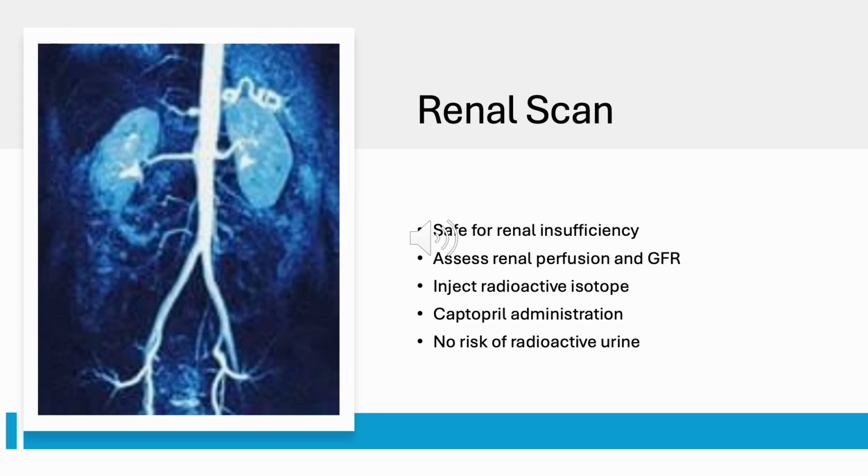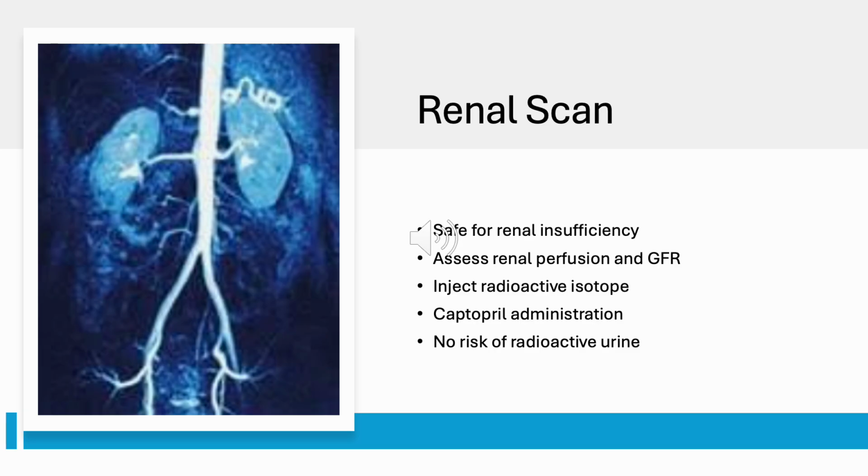A renal scan is another test that can determine renal perfusion and the glomerular filtration rate. It's done in nuclear medicine. The patient is injected with a radioactive isotope. They're not going to be radioactive after the procedure, so you don't need to worry about that. It's a good test for people that have renal insufficiency because you don't have to worry about contrast dye.